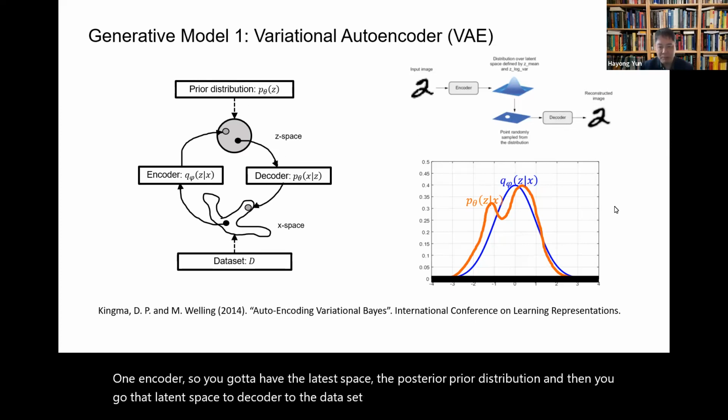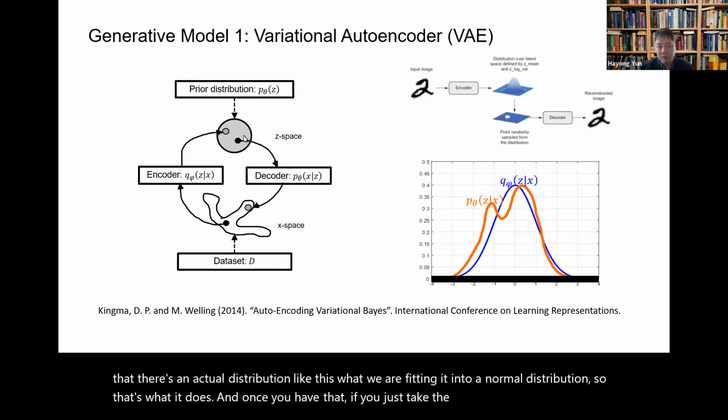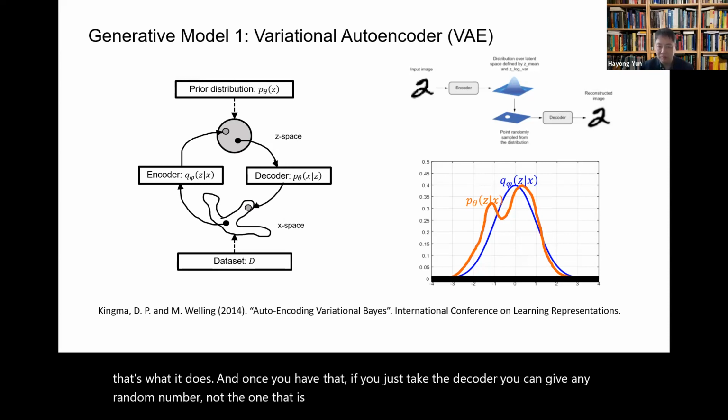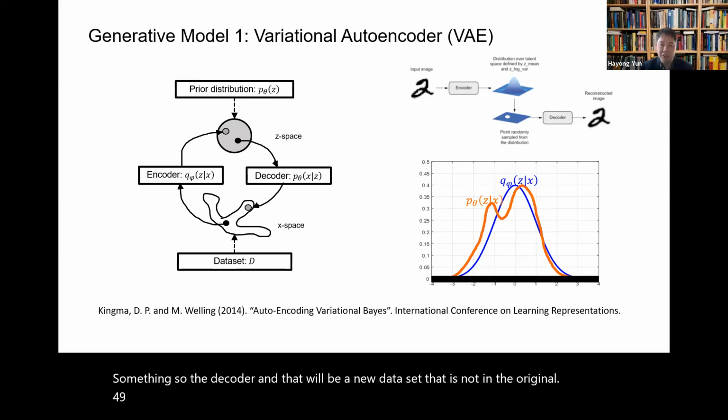In the latent space there's an actual distribution like this, but we are fitting it into a normal distribution. Once we have that, if we just take the decoder, you can give any random number, not one that has been in the sample. By giving any random number, it will generate something through the decoder, and that will be a new data set that is not in the original sample. In that sense, it is generative.